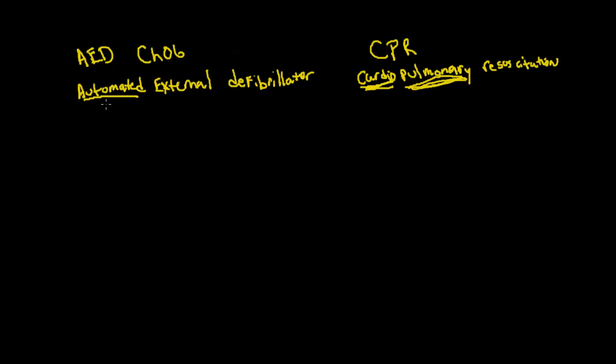This is an automated, or you may even hear it called automatic external defibrillator. These are a little different than the ones that doctors have in the hospital. Those are manual ones. And the main difference between a manual defibrillator is if a doctor suspects that there's a little bit of electrical activity in a heart, they can go ahead and shock it, whereas an automated one will not let you.